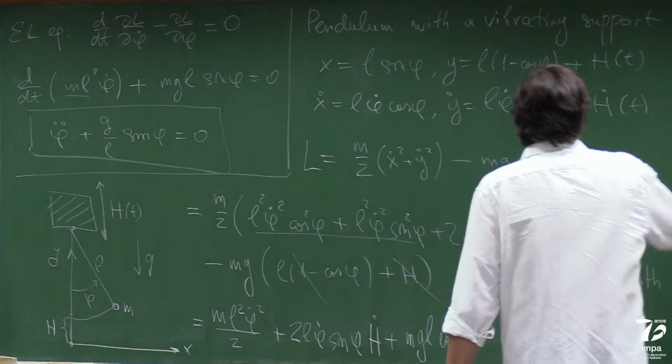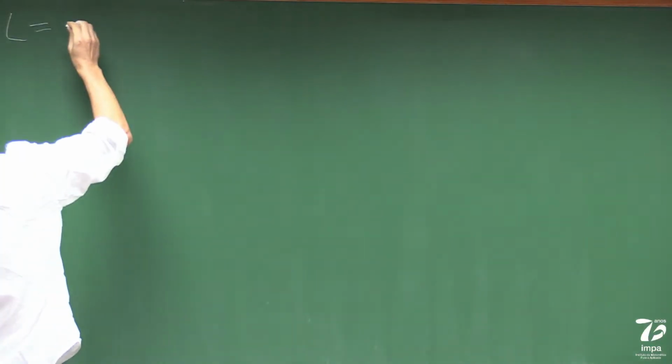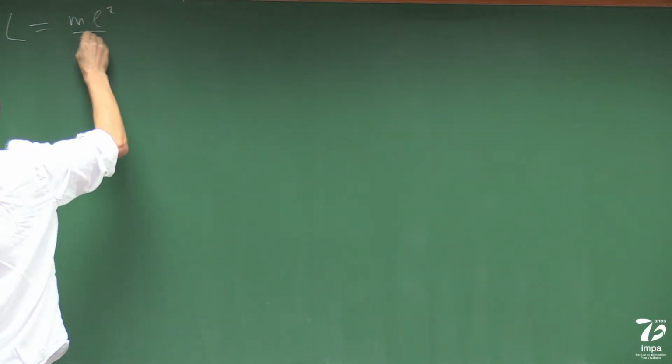So that's it. So the Lagrangian function at the end is, let's put the prefactor outside.